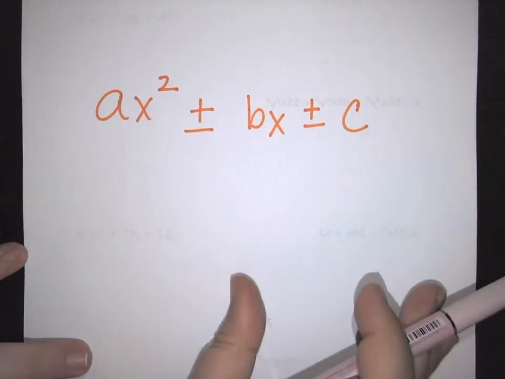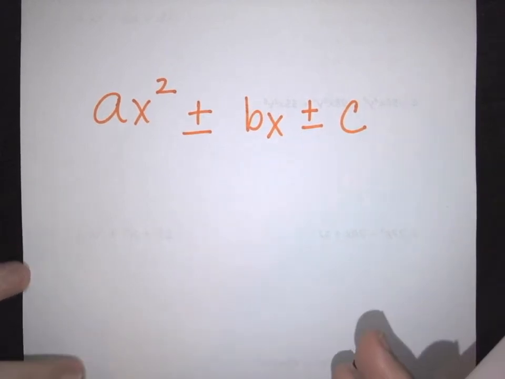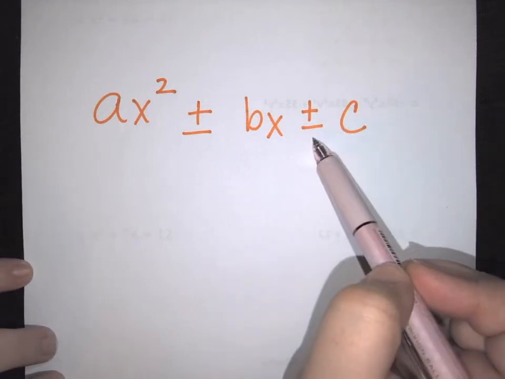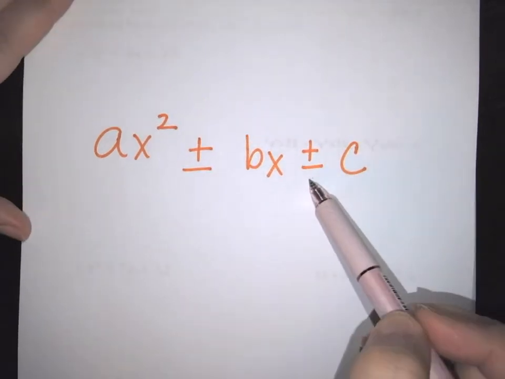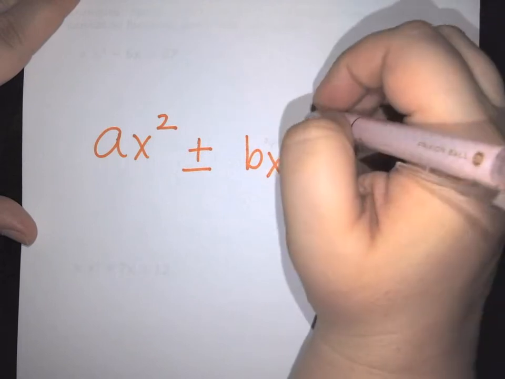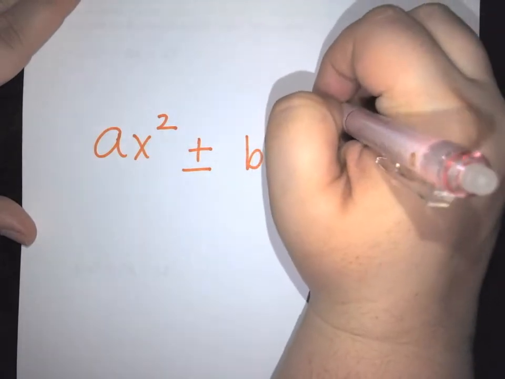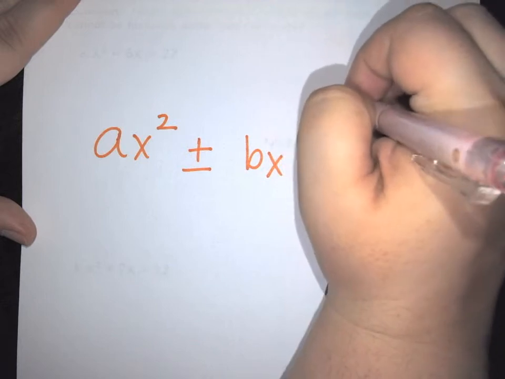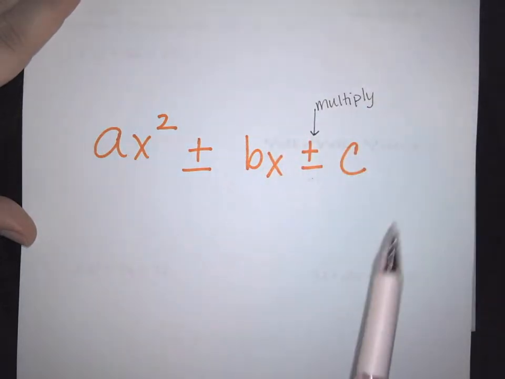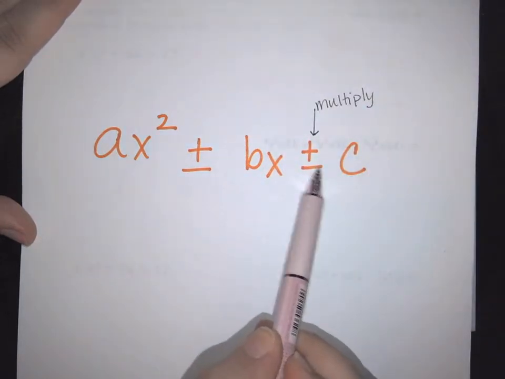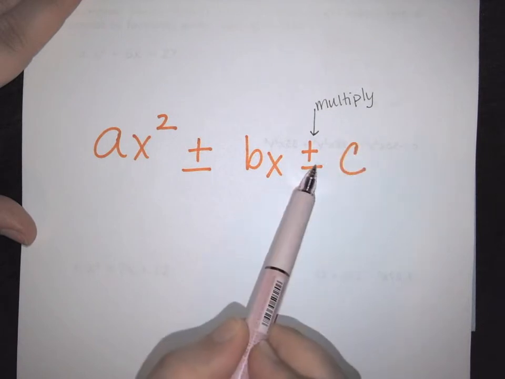So first and foremost, let's start with your C term. This sign tells you what you are multiplying. Your two terms must multiply to give you the C term, and so the sign is very important.